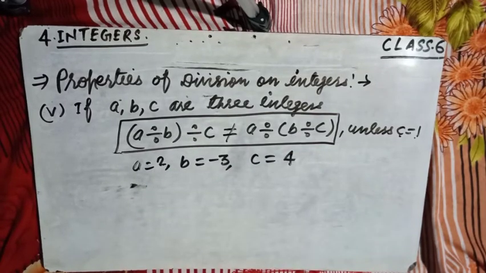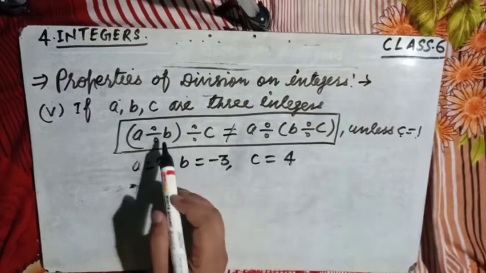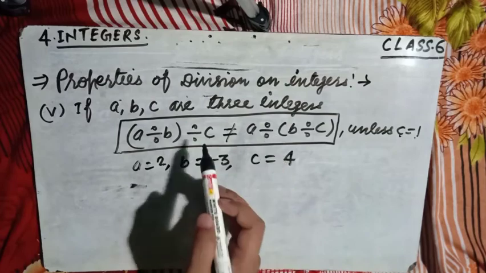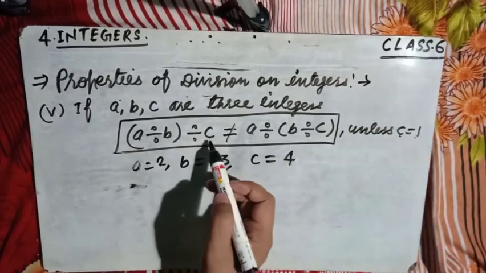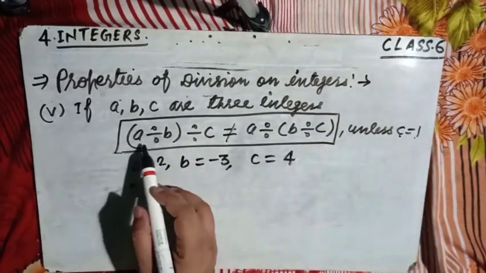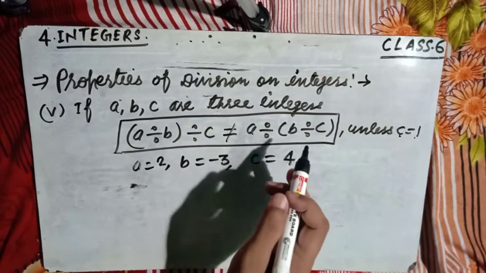If they match, the left hand side is equal to the right hand side, but you will get that the left hand side is not equal to the right hand side. If we take c is equal to 1, whatever the values of a and b, then the left hand side is equal to the right hand side. Otherwise it is not possible.